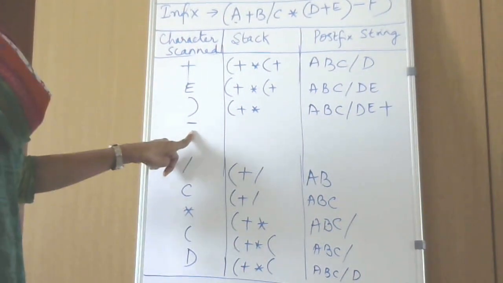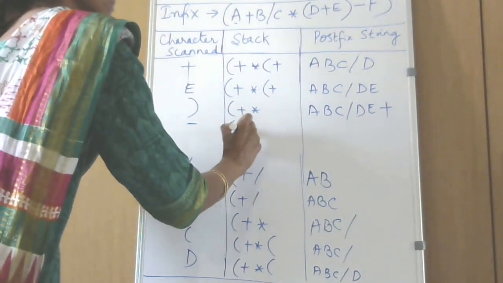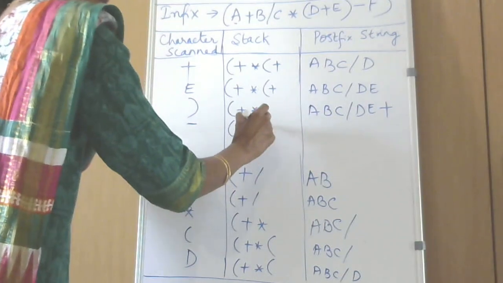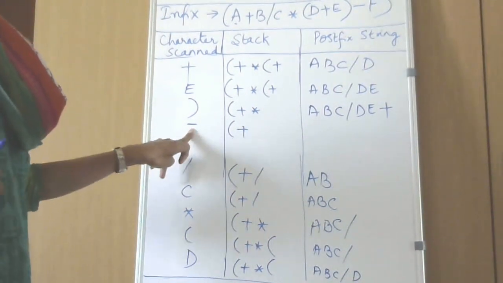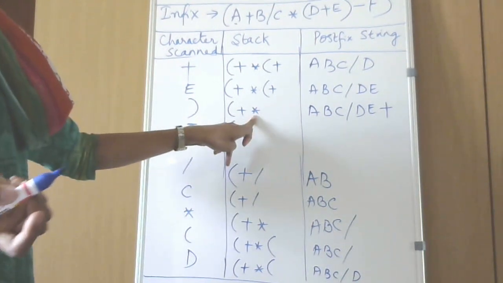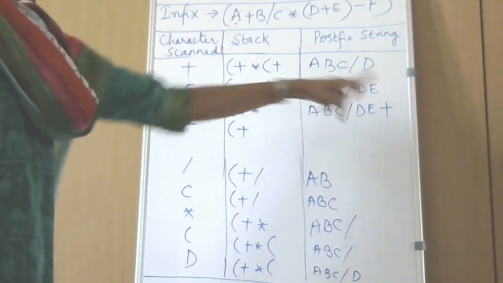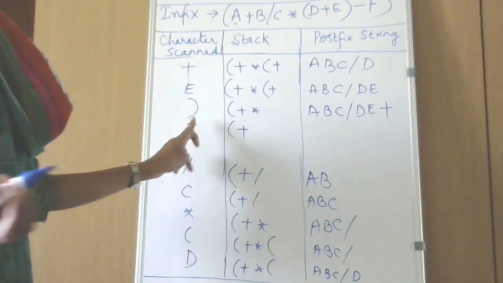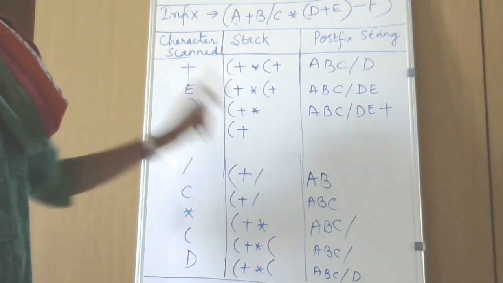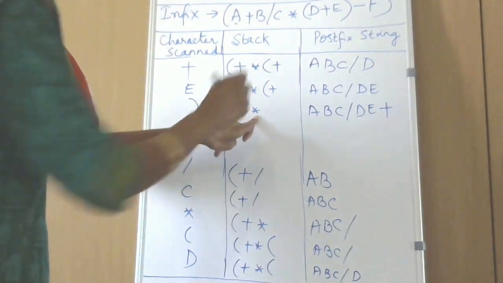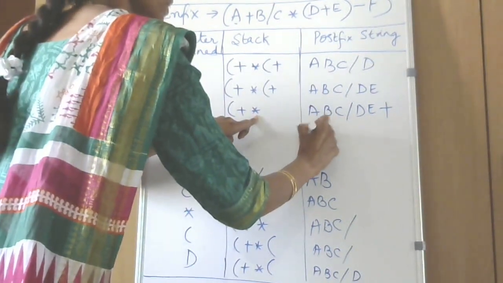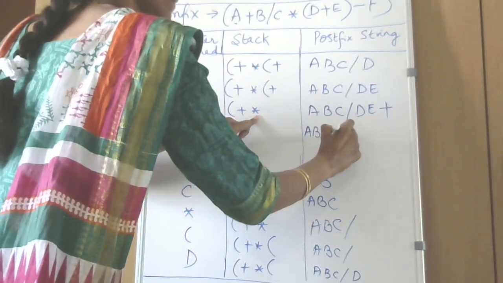Now, minus is an operator again. You have a star on the top of the stack. Star has a higher priority compared to the minus. So, what should I do? I have to pop out the stack, put it onto my postfix string and then push this minus into the stack. I'm sorry, let me finish step by step. First, I will pop out the star.